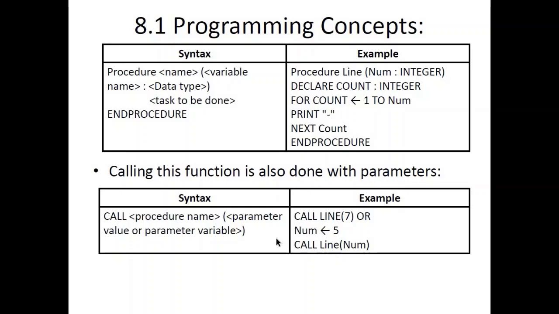Now you can call it as follows. This is not a function, this is a parameter. Call procedure name, parameter value, or parameter variable. For example, call line 7, or put the value 5 in number, and call line number. This would print 5 dashes, whereas this line would print 7 dashes.